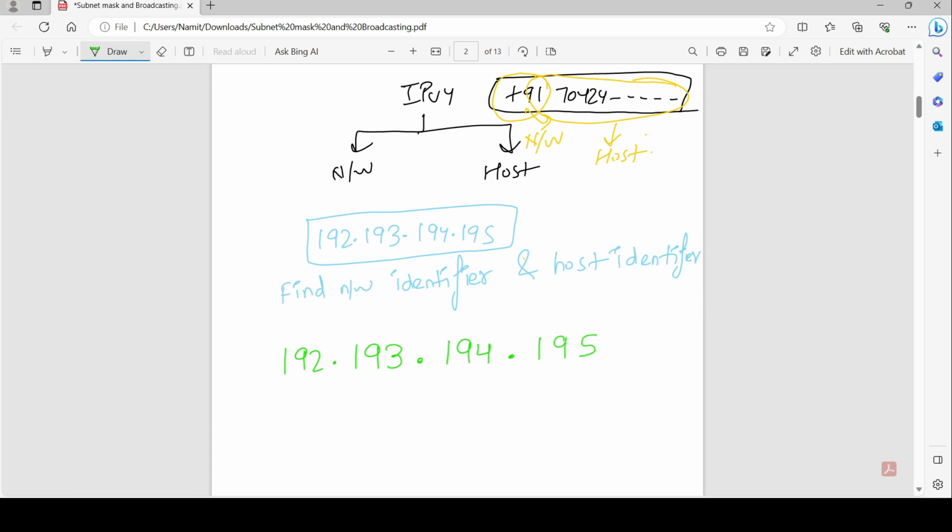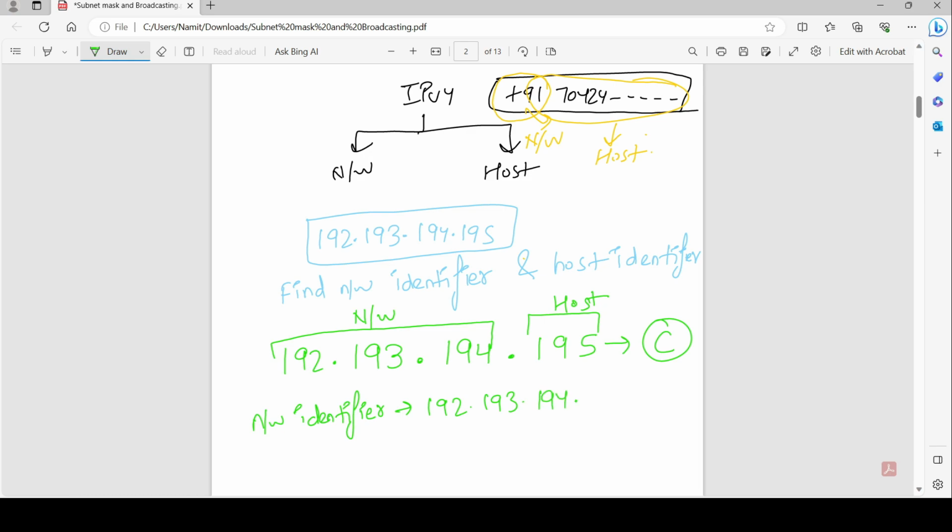If this is my question, 192.193.194.195, we already know this is what class? This is class C. It means these are reserved for network and this is for host. So what is my network identifier? My network identifier is 192.193.194.0.